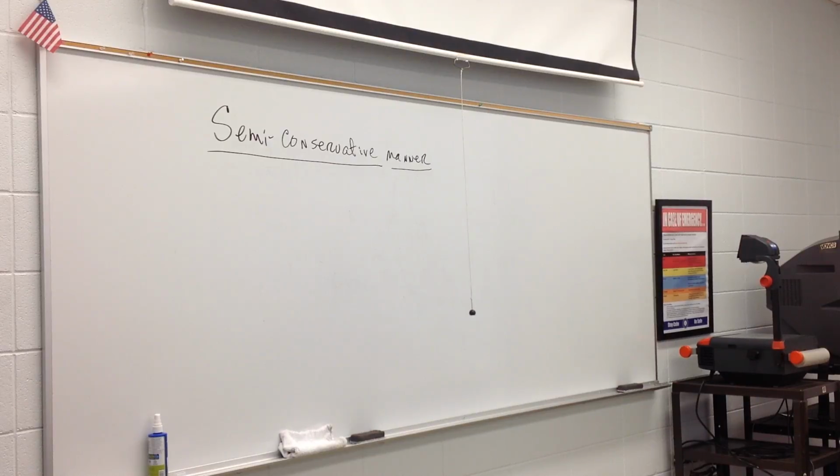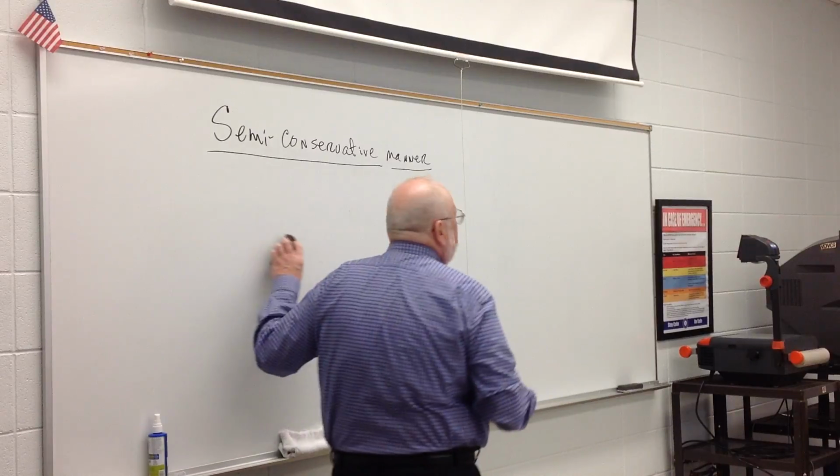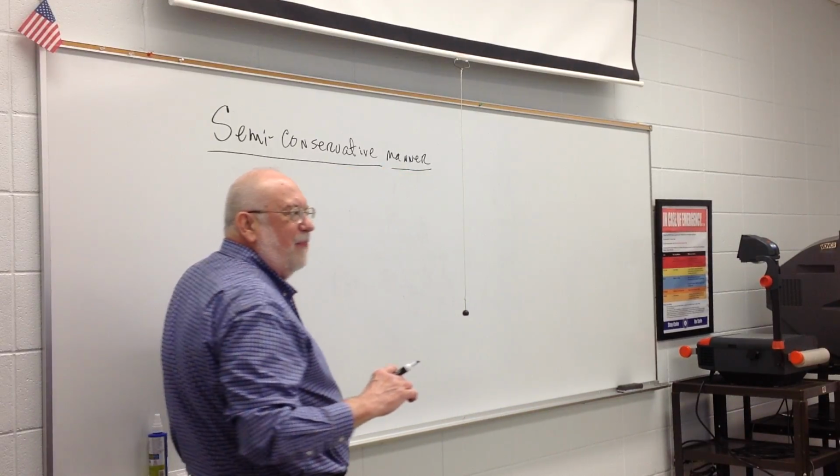Saving. Saving it. Semi means what? Partial. All right, so we're saving part of the original as we replicate the DNA. What does that mean? Well, let's put up a bit of DNA here, and then we'll replicate it and just see exactly what that means.